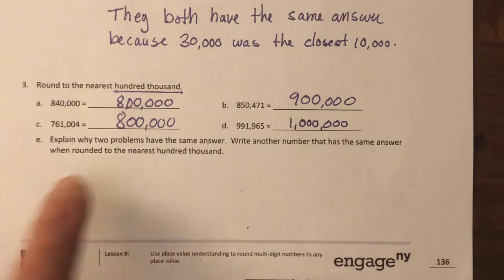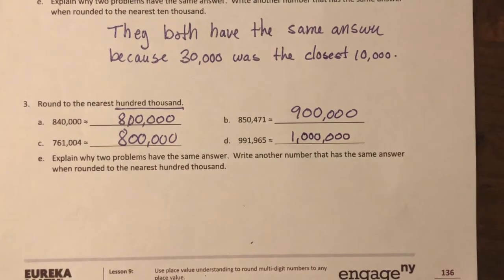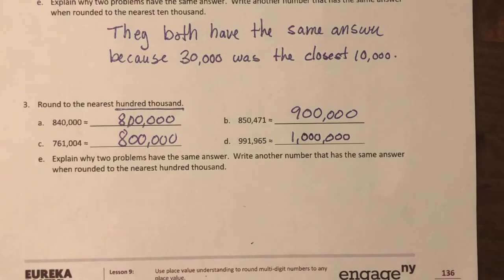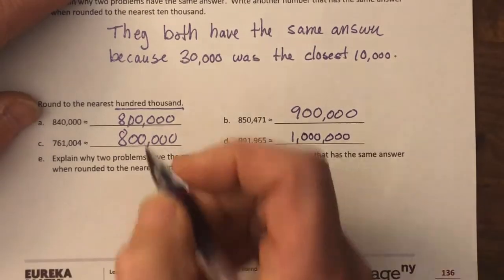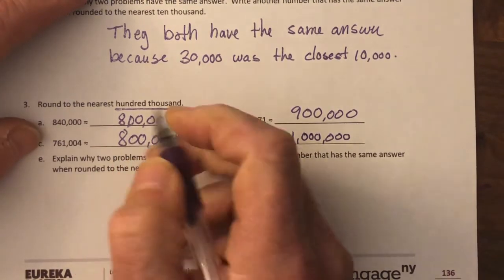Down here it says, explain why two problems have the same answer. Write another number that has the same answer when rounded to the nearest 100,000. Well, they have the same answer because one rounded down to 800,000 and one rounded up to 800,000.